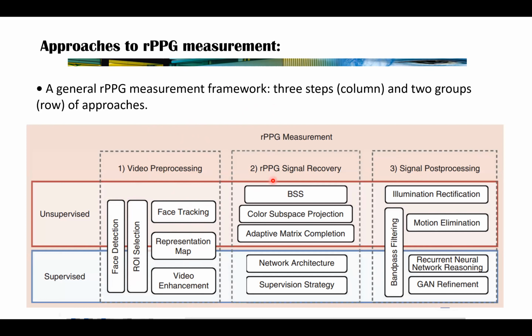After pre-processing, we would like to recover the rPPG signal from this pre-processed face or map or video. For example, some traditional unsupervised methods use signal processing methods, or some deep learning neural network to predict the signal. After that, we will also do some post-processing to refine the signal and get our target parameters.